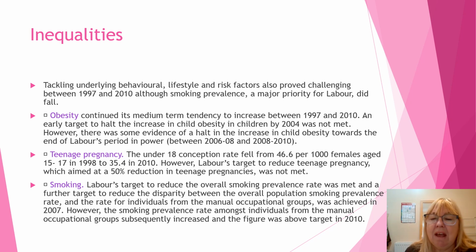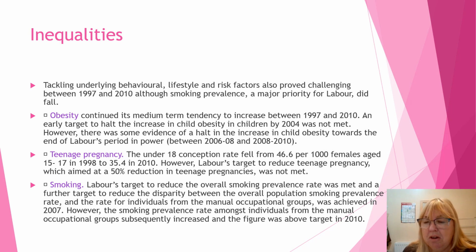Teenage pregnancy, the under 18 rate fell quite substantially. However, they were aiming for a 50% reduction, so they didn't meet it, but it had fallen in that sense. Smoking, the target was definitely met, and the further target was achieved too, again looking at different backgrounds.